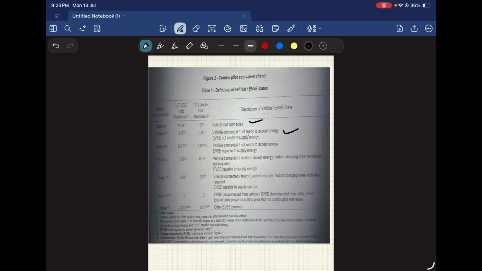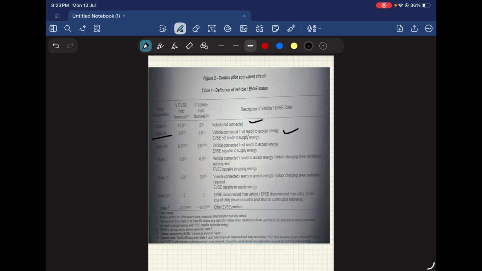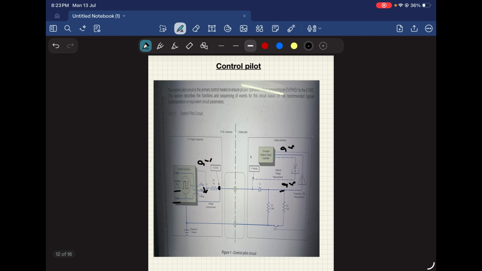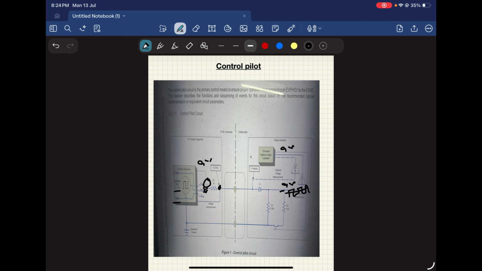Now it's connected. It dropped from 12 volts to 9 volts in state B1. In state B2, what will happen? Whenever the EVSE measures 9 volts, immediately the S1 switch is connected to PWM, and the PWM circuit will generate the PWM.